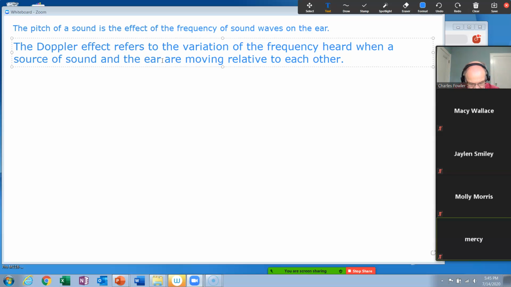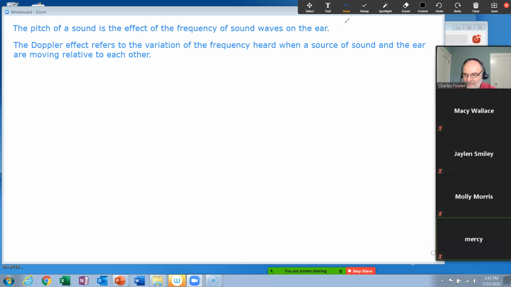Here is the formula that describes that. And since I'm not going to be able to type this in so it makes any sense, I'll write it in. So let me get my pad and my stylus back so I can write it in. What F prime is here is the apparent frequency, what you think you're hearing.